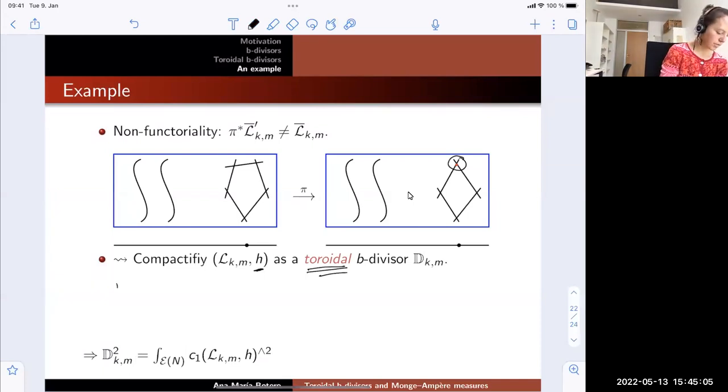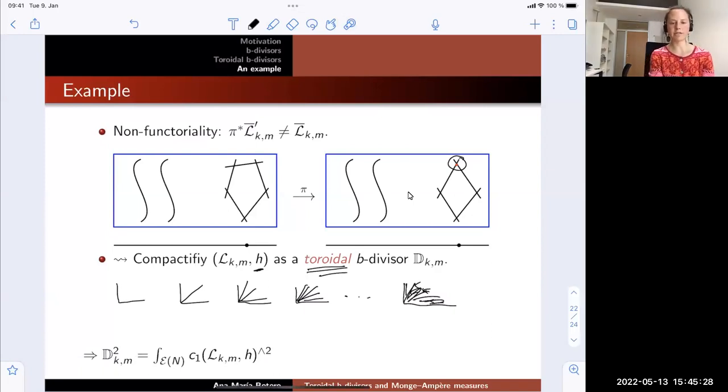Here this corresponds to this two-dimensional cone, and these toroidal blowups then correspond locally just to inserting rays, right? You start blowing up and blowing up and blowing up, and you never stop. So really you need to exhaust the whole positive orthant.